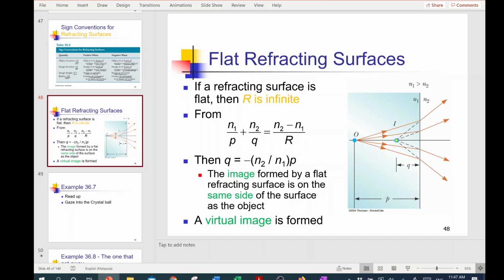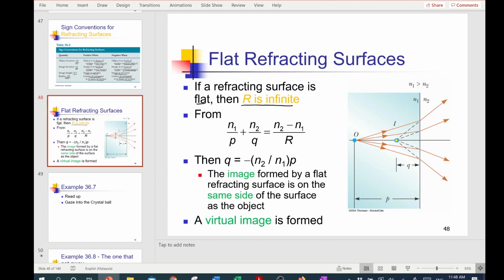Right, we have a flat reflecting surface instead of a curved surface. When the surface is flat, the value of R is infinite.